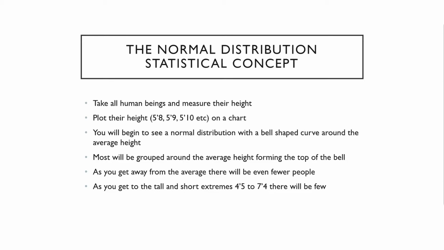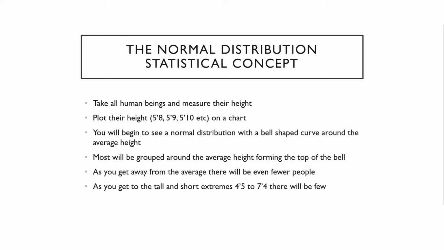And as you get away from the average, there will be even fewer people, right? So as you get to the tall and short extremes, i.e. one short extreme being 4'5" to the left of that bell, you will see that there's fewer people. And then as you get to 7'4", which is to the right of that bell, you will see that there will be fewer people, right?